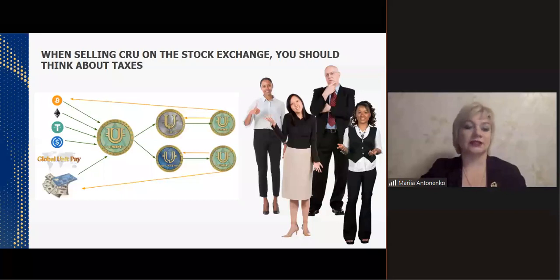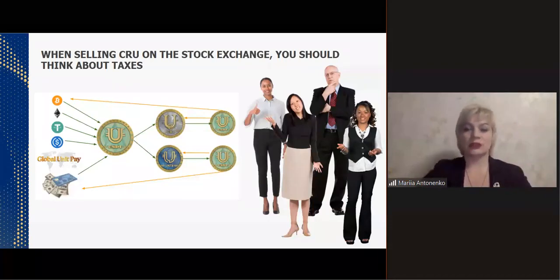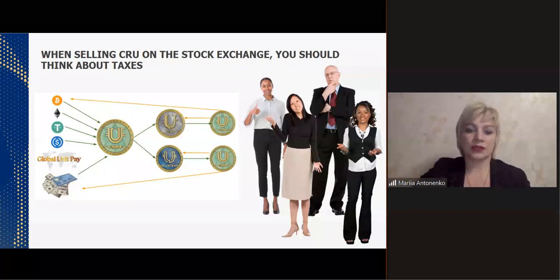For those of you who won't be able to register in the payment system Global Unit Pay, there will be a possibility to exchange your USDUs into Bitcoin, Ethereum, Litecoin, Tether USDT, USDC coin too. We're talking about cryptocurrencies here.